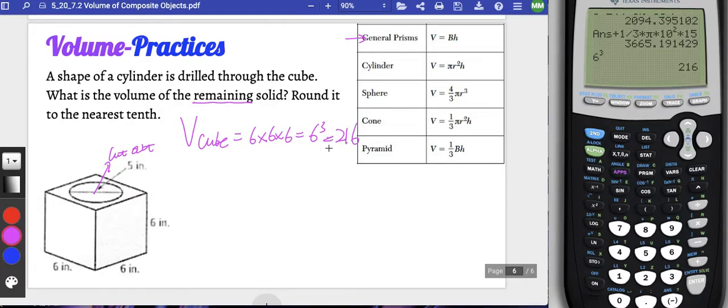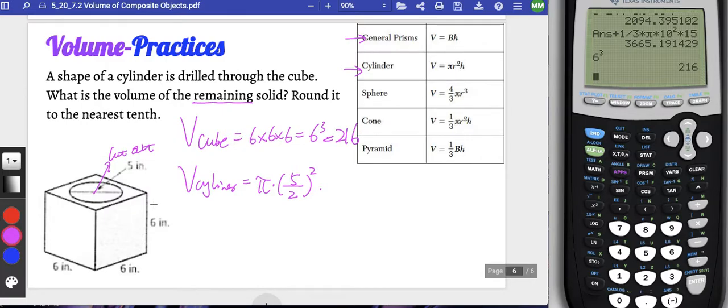And then the middle part is a cylinder that is taken out. So all we need to do is figure out the cylinder volume, which is pi r squared h. Pi r squared: r is the radius, but as you can see, the whole distance here is 5, meaning the diameter is 5, so the radius should be half of 5, squared, and times h.